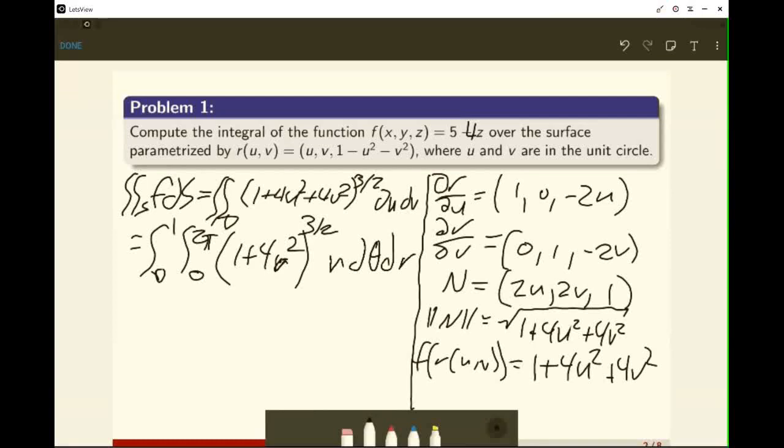For the integral in r, we can make a substitution here where we will call w 1 plus 4r squared, because the factor of r from the area element is exactly what we need to do a quadratic change of variables here.